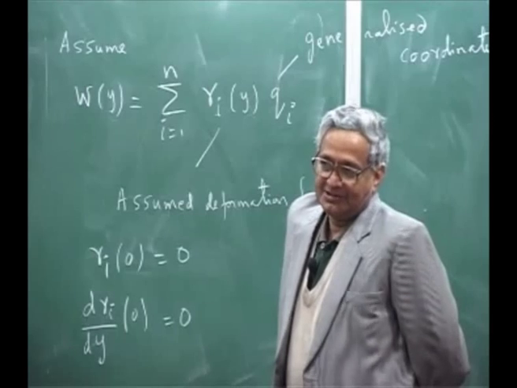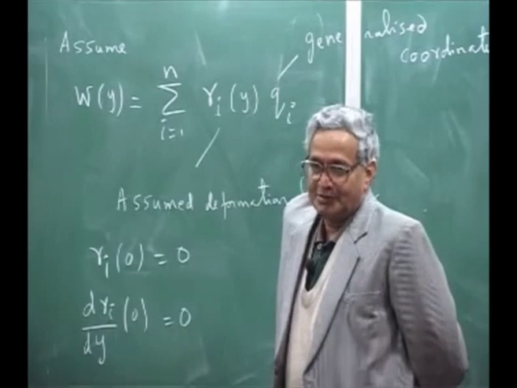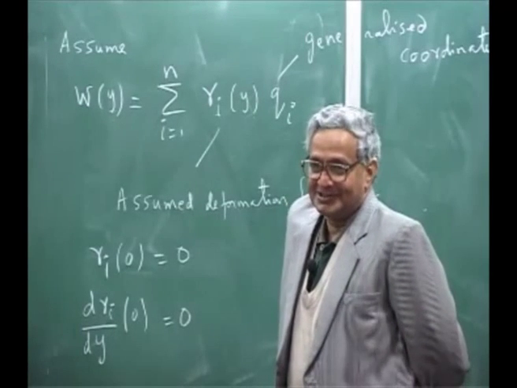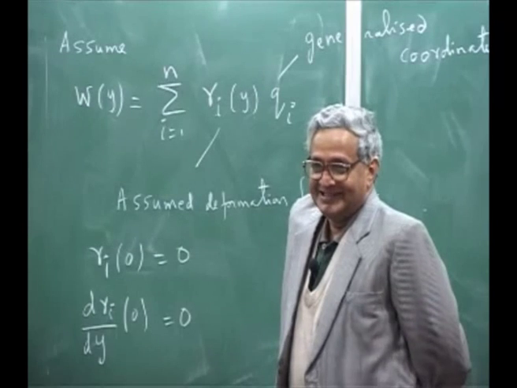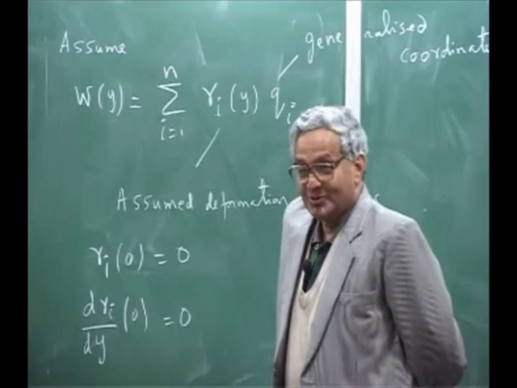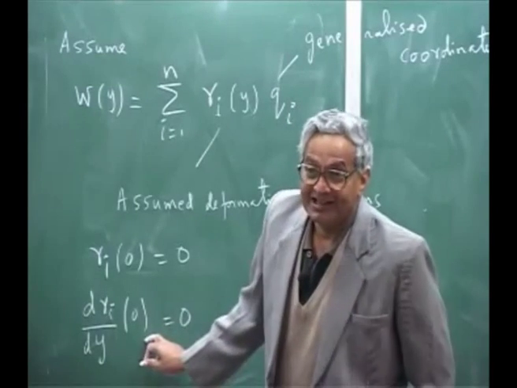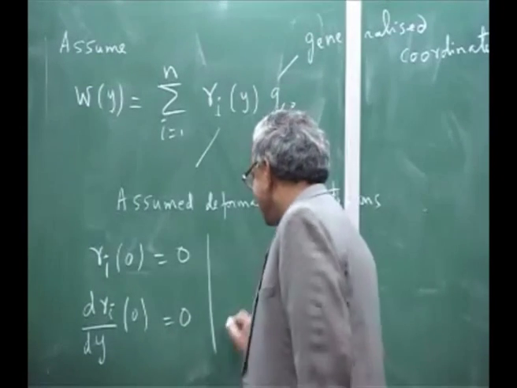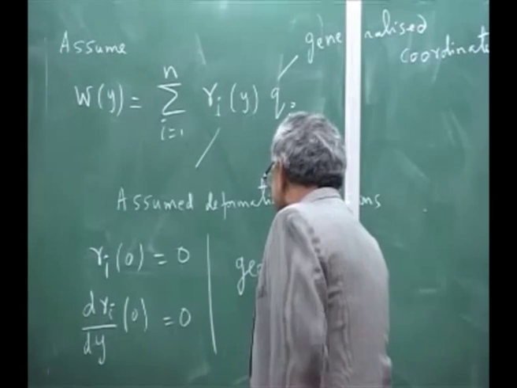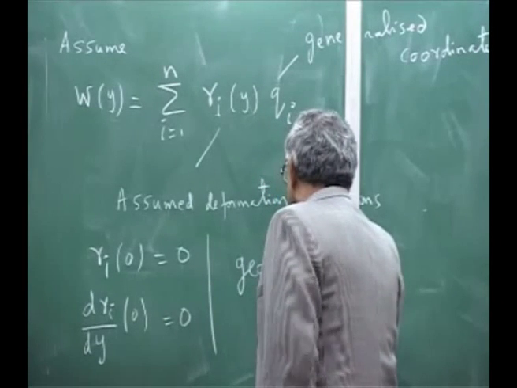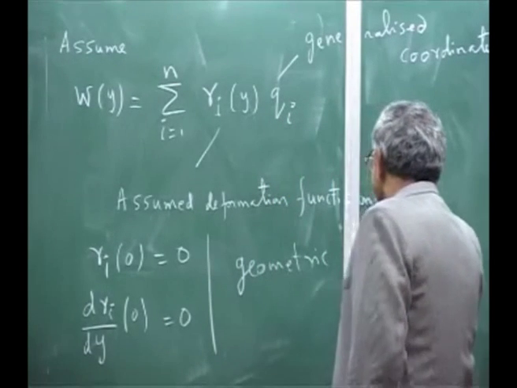Second derivative is what? Moment. Is the moment 0 at the root? So that's why these are geometric boundary conditions. I'll write it as geometric boundary conditions.